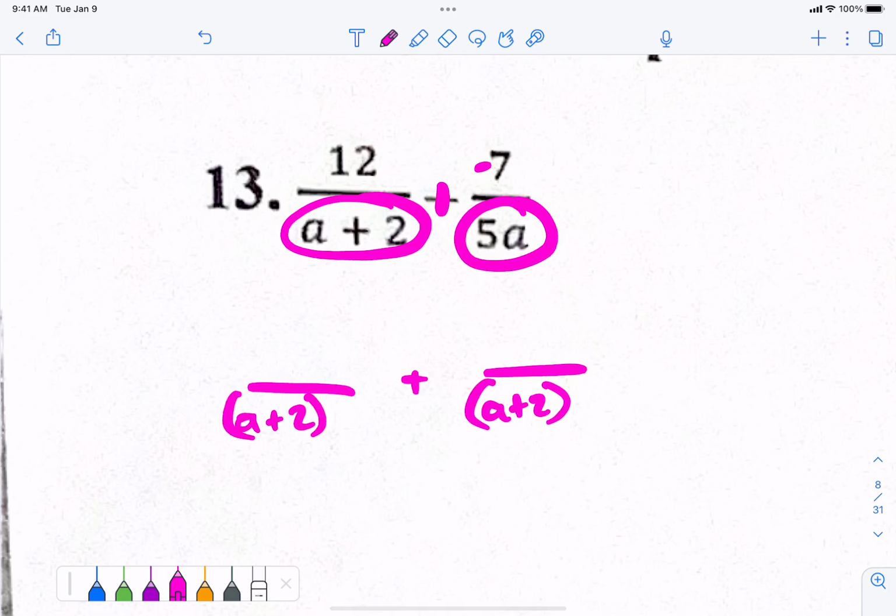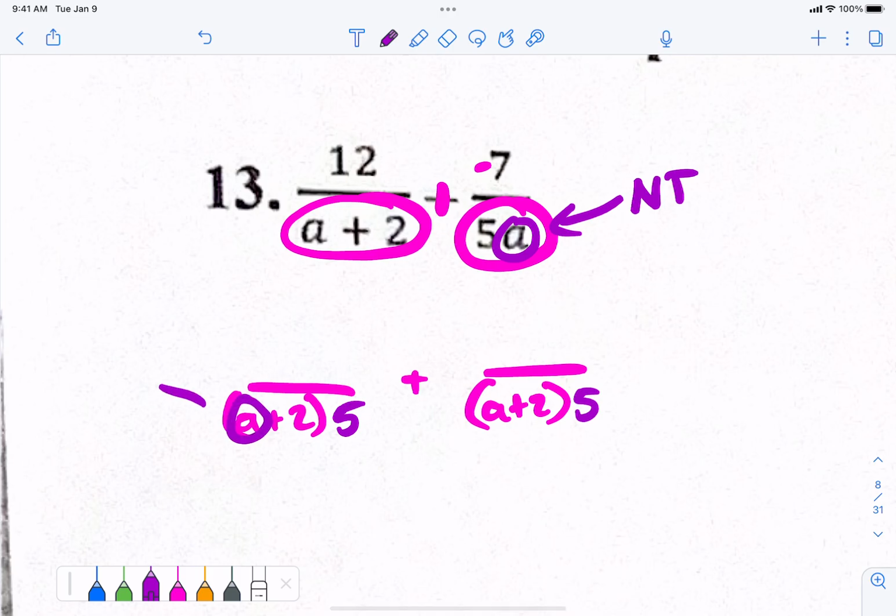And I know I also need 5a, but here's the deal. I already have an a down here. So we just need a 5? Like, can I just get away with doing like a 5 there or whatever? And a 5 here? Okay, here's the deal. This a right here is not trapped.